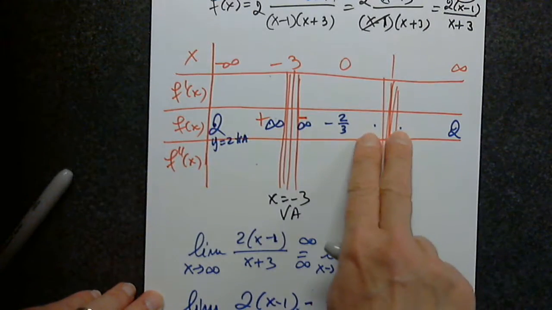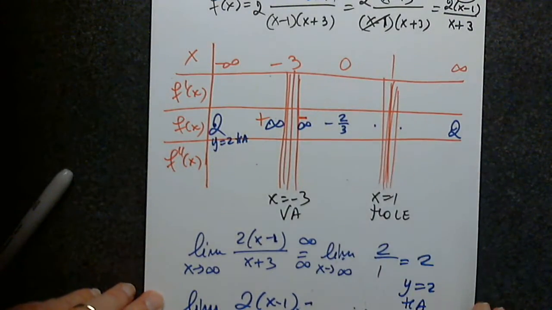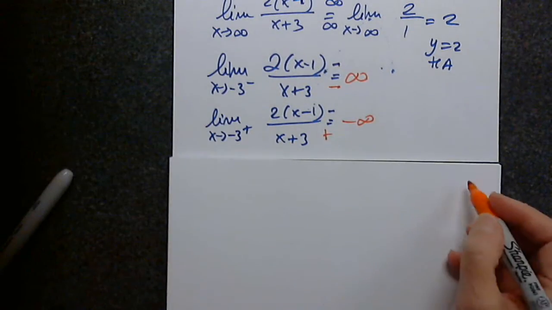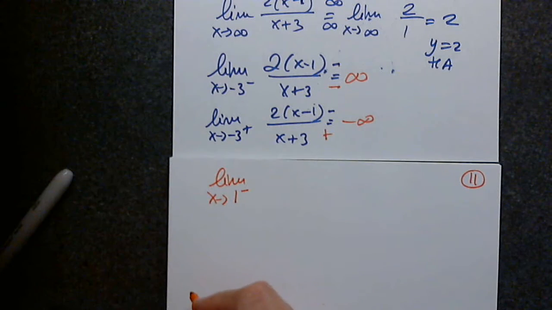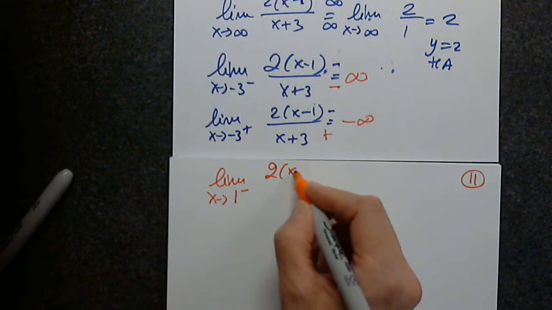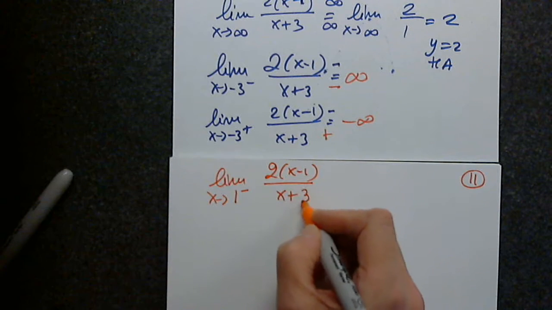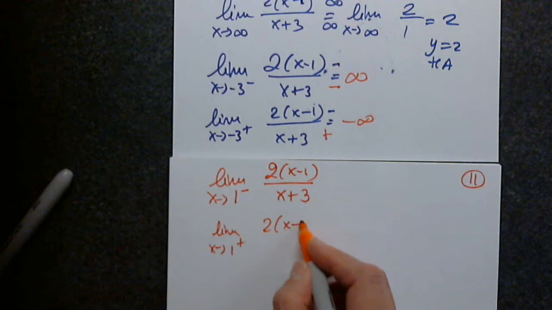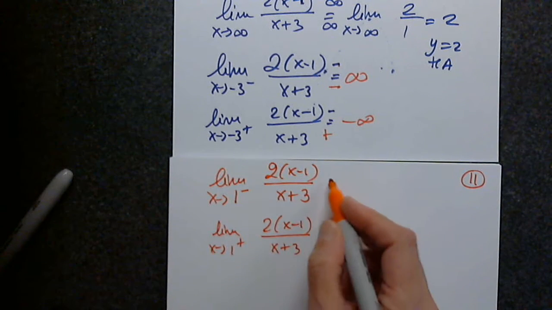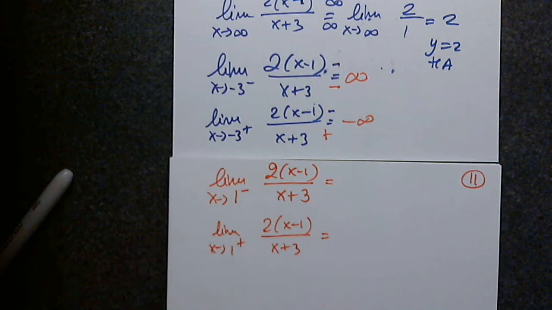One more step, we want to find this, left and right of the hole. So limit as x approaches 1 from the left of 2x minus 1 over x plus 3, and limit as x approaches 1 from the right, 2x minus 1 over x plus 3. So what is it?